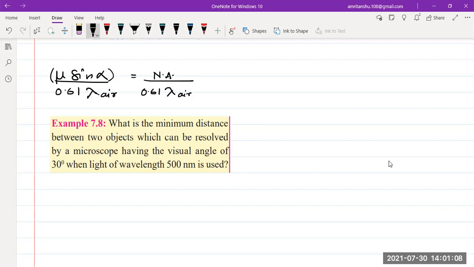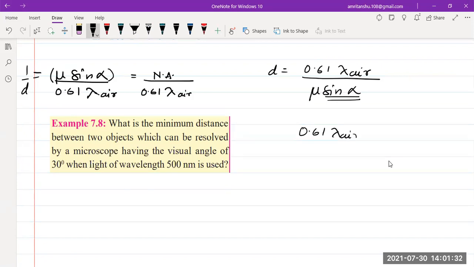Here, if you can see in this formula, this is actually equal to 1 by d. d happens to be 0.61 lambda upon mu sin alpha. Now here you can use sin alpha, but for better results let's use 0.61 lambda upon mu tan alpha.